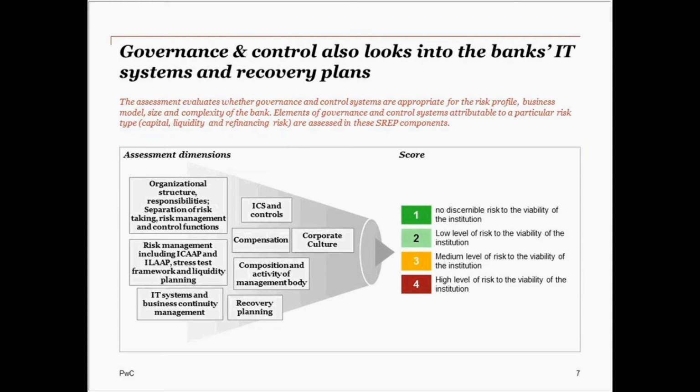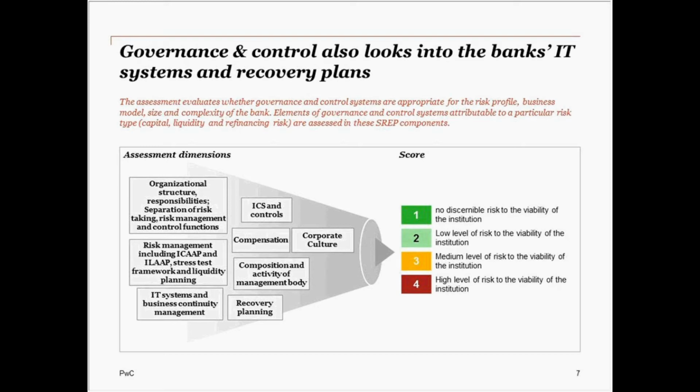The second and another important assessment area of the supervisor is governance and control. In governance and control, the supervisors look into how well the bank is governing, how well the bank is controlling, how well the bank is steering its risk.